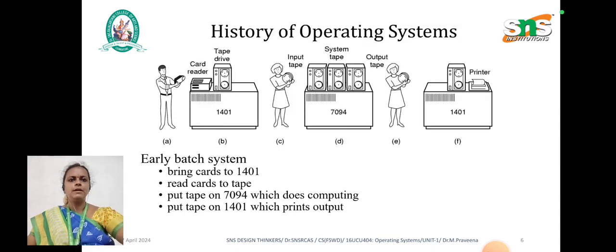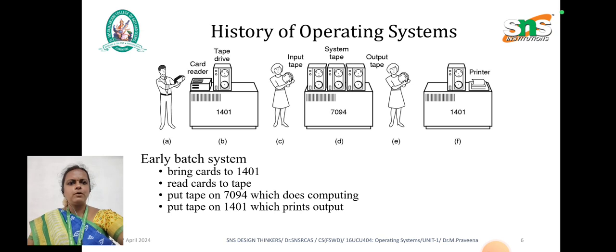Now let us see the history of computers. In the early batch system, cards were brought to the 1401. There is a card reader and also tape drives. The cards are read onto a tape. There is an input tape, a system tape, and an output tape. Through the input tape we give the input, the system tape is processed on the 7094, and then the output tape gives the output.